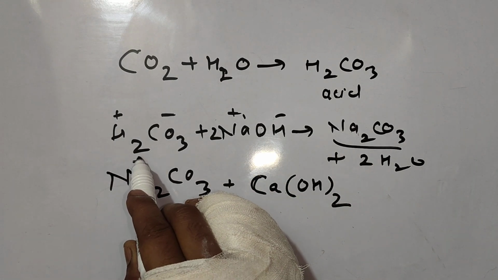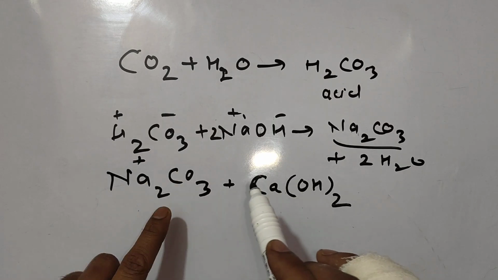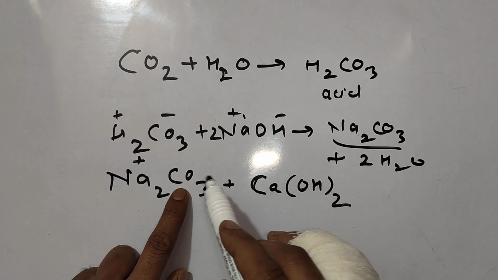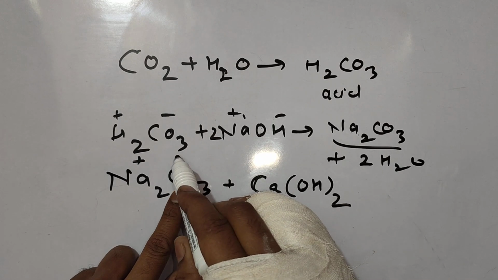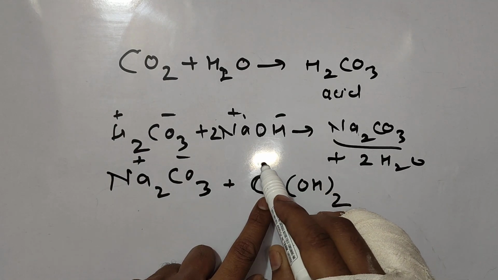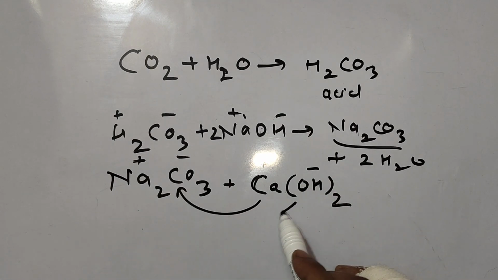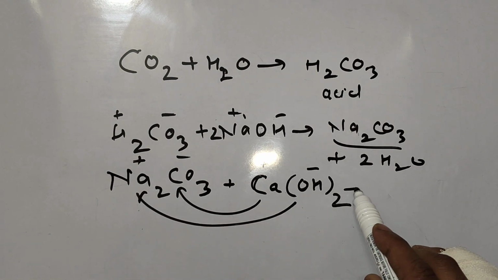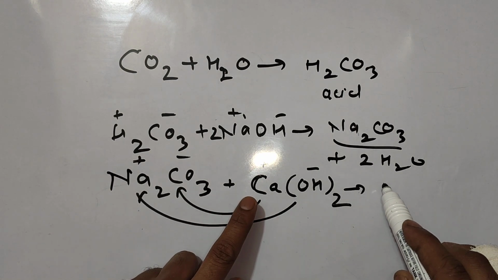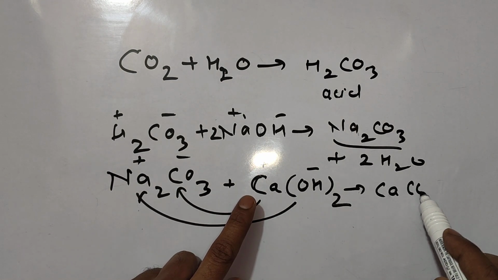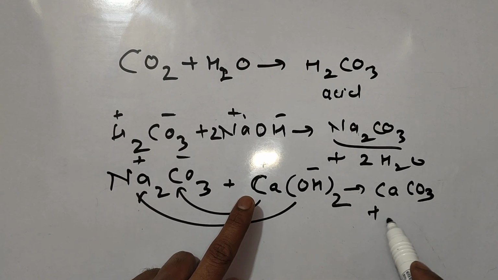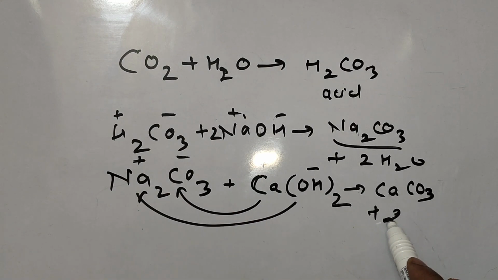Very easy reactions, up to 10th level we have already done these reactions. This calcium is a positive particle, OH is a negative particle, so you just need to combine them. So what you will find out, CaCO3, calcium carbonate, will generate, and two particles of NaOH will generate.